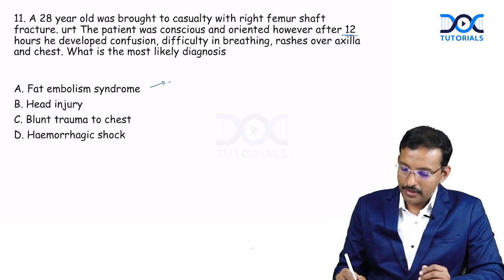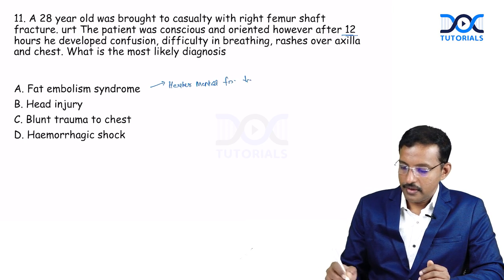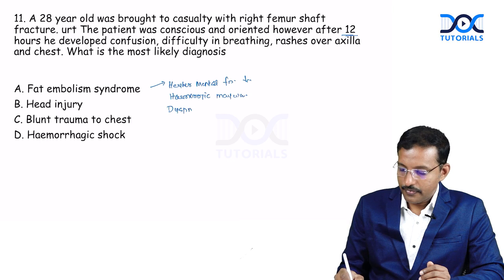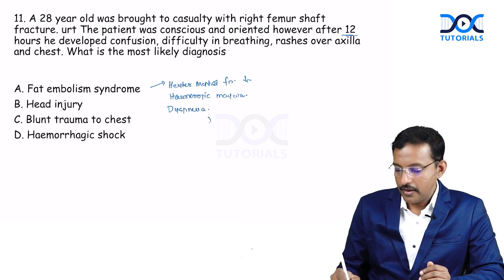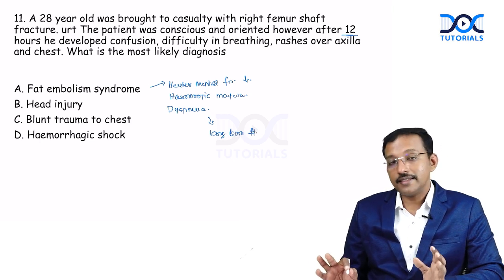So whenever there is higher mental function deterioration followed by hemorrhagic manifestation and dyspnea in a setting of a long bone fracture which is not treated, this is exactly the scenario.